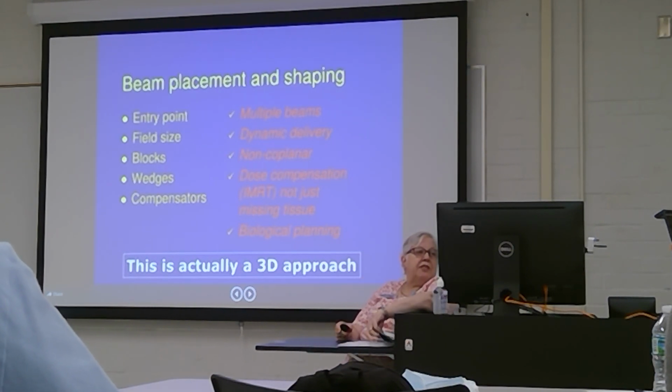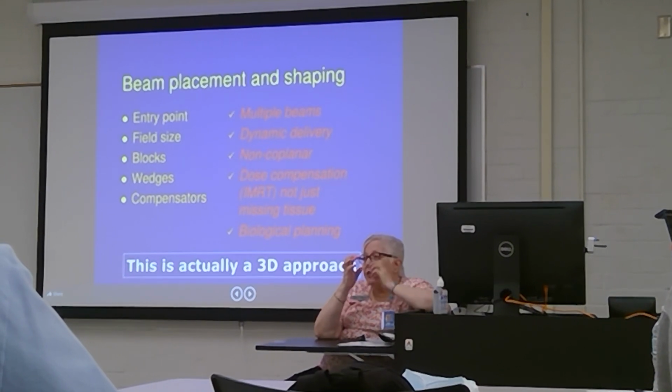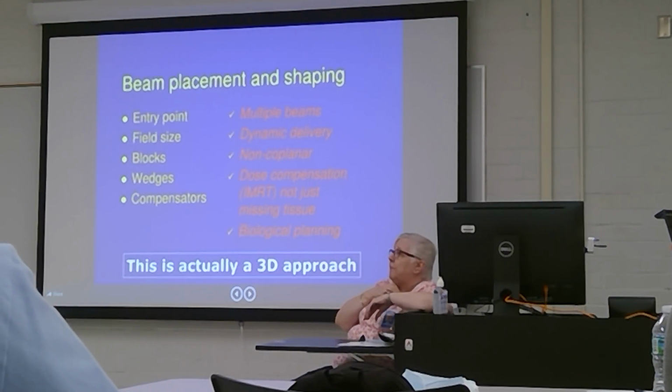So dose compensation with IMRT is not just for missing tissue. Because IMRT can use little beamlets to alter the intensity of the beam, we don't really need compensation.